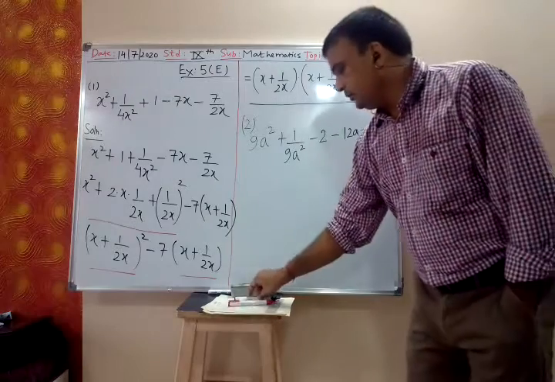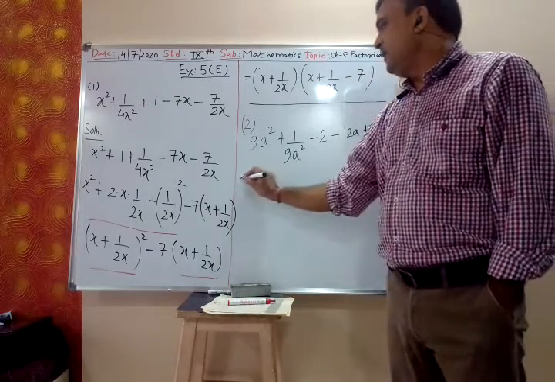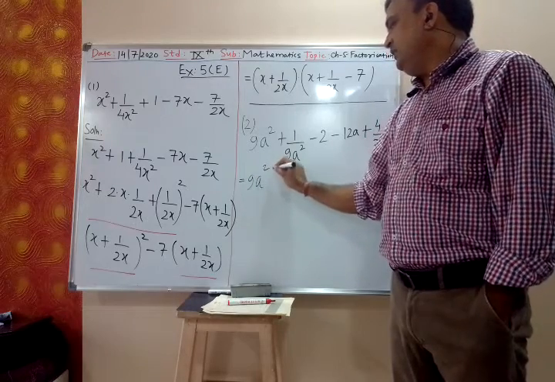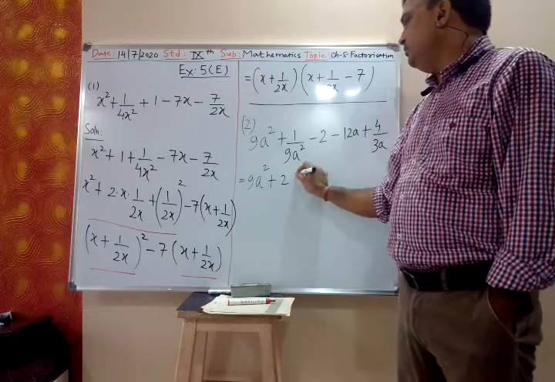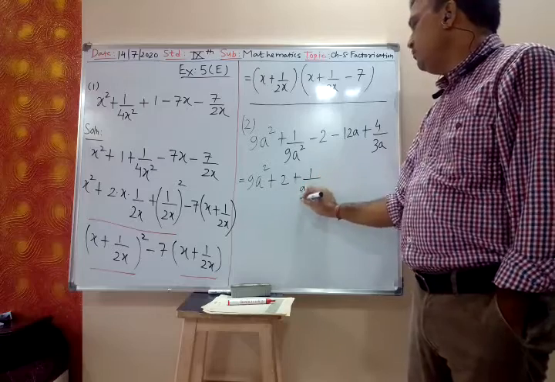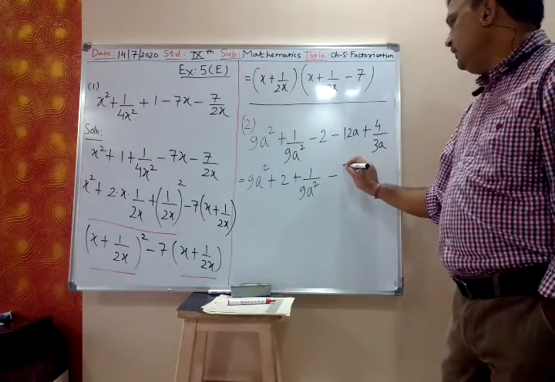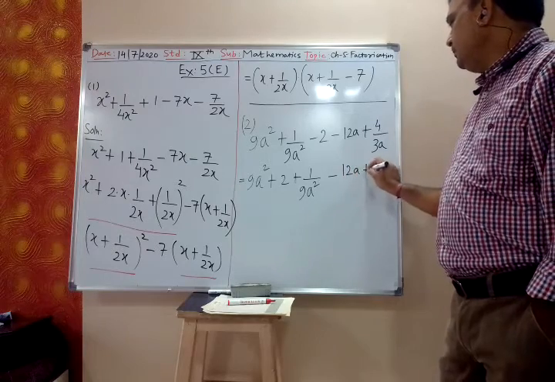Let me write a few steps if you want. So this I can write 9a square plus 2 plus 1 upon 9a, minus 12a plus 4 upon 3a.